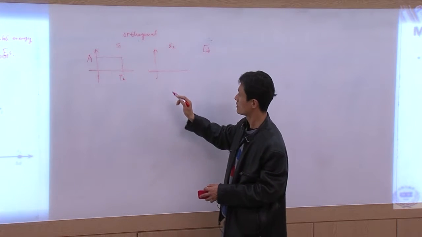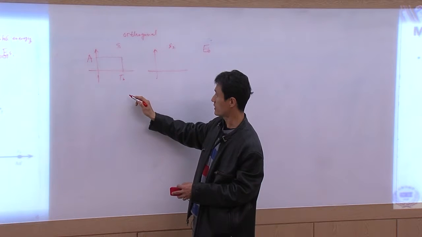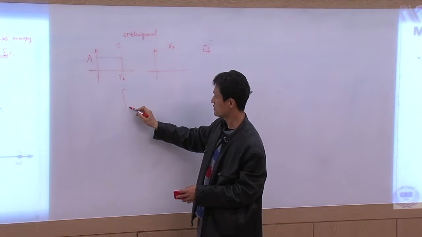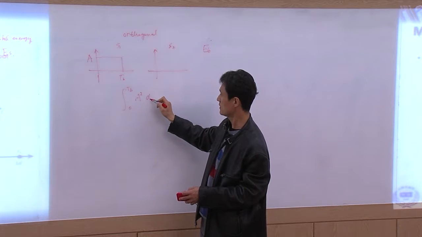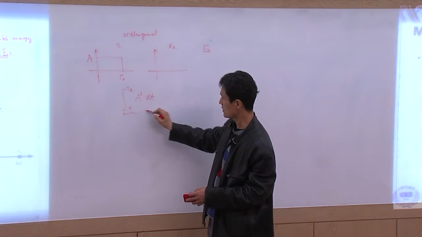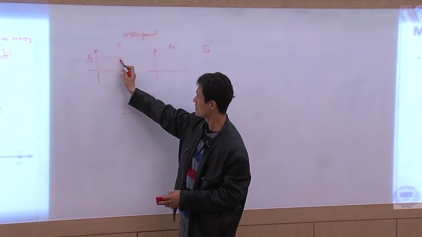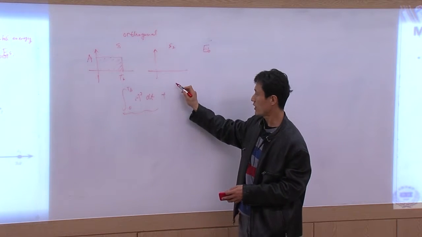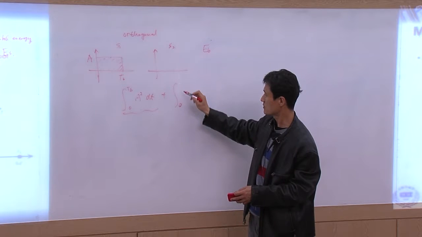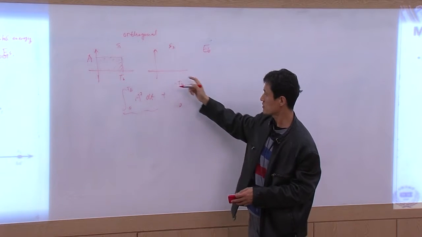At that time, you calculated it as the integration from 0 to TB of A square dt. This gives you the energy in this symbol, in this bit. You can do the same for this other symbol, but it is actually 0.